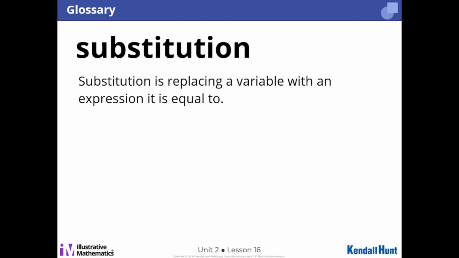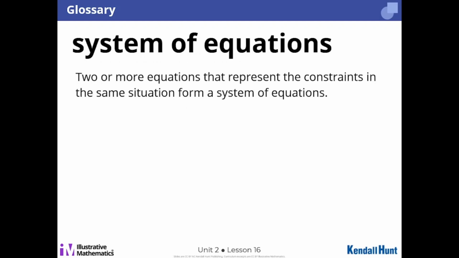Substitution is replacing a variable with an expression it is equal to. System of equations: two or more equations that represent the constraints in the same situation form a system of equations.